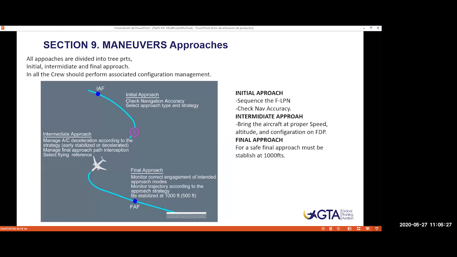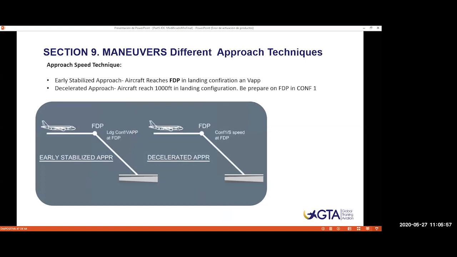What is my strategy for this? In the intermediate, we are going to adapt my aircraft to a specific altitude at one point, the initial approach point, with a specific altitude, a specific speed, a specific configuration. And of course, later on in the final approach, you have to be sure that at 1,000 feet we are already stabilized.